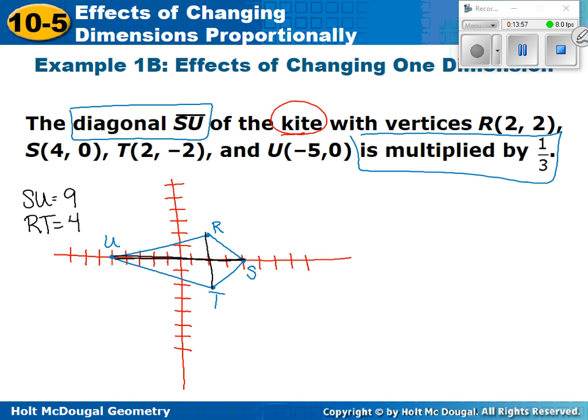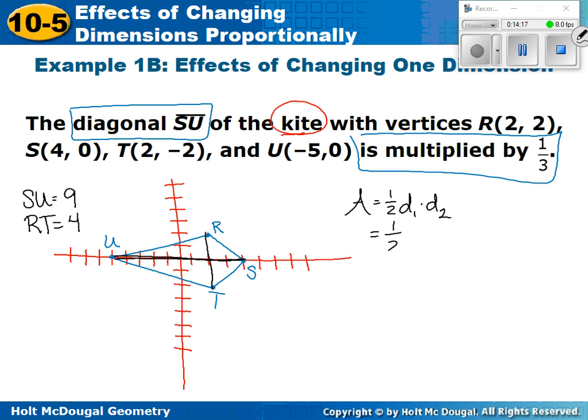Everybody agree one's 9, one's 4? Okay, and our formula is area equals 1/2 diagonal 1 times diagonal 2. And if you've got this over here on the board in blue, it's still not going to hurt us to practice calculating area because that's just going to make us memorize our formulas a little bit more.